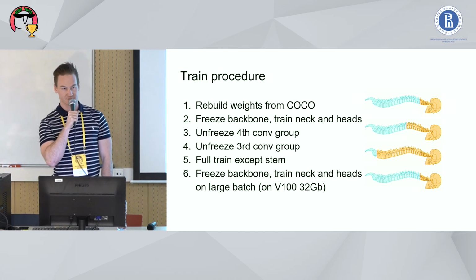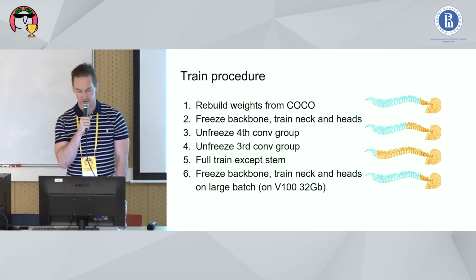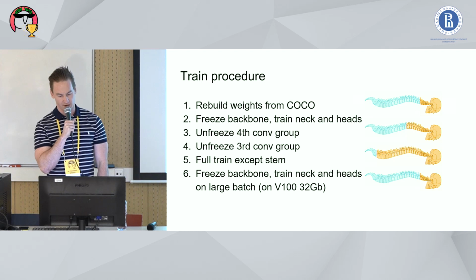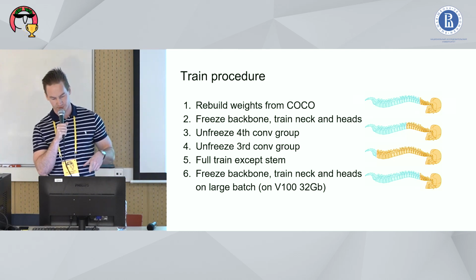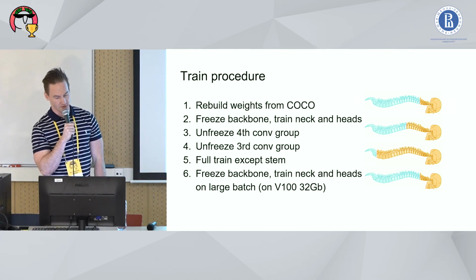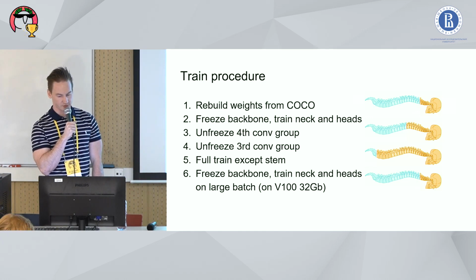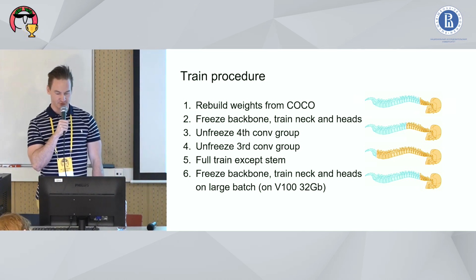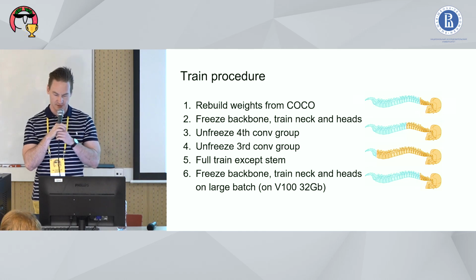The stem is just the first convolution with max pooling. And in the final step, I freeze my backbone again and train the neck and the head on a large batch, because in my experiments it was very important, I don't know actually why, to use a large batch for this task.